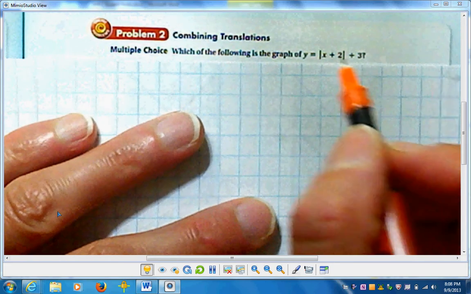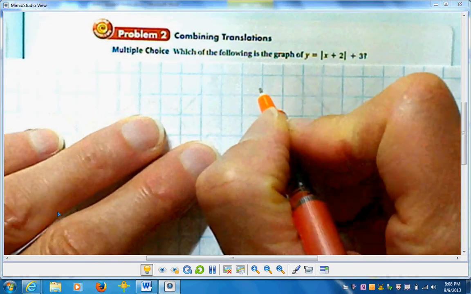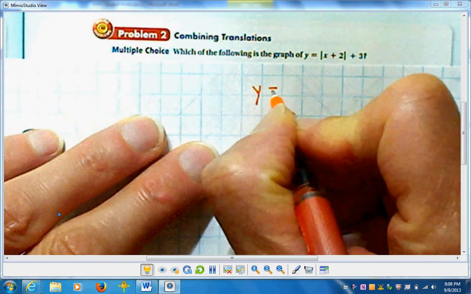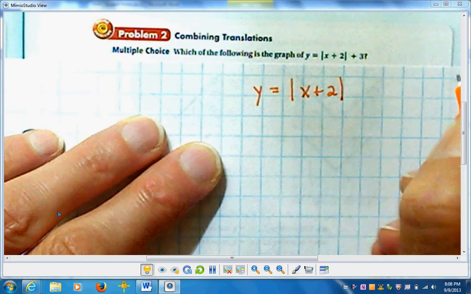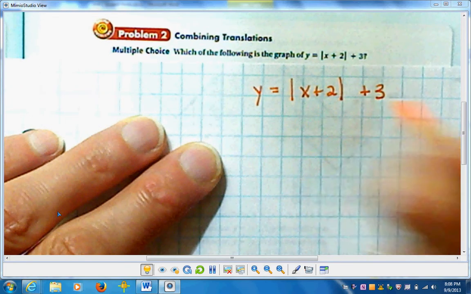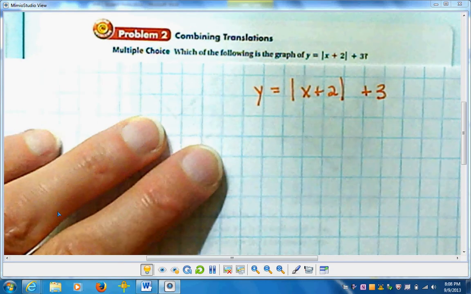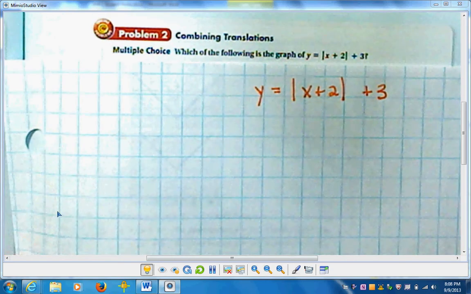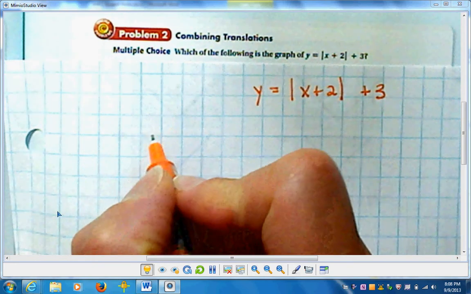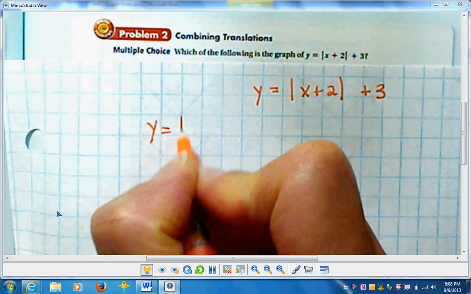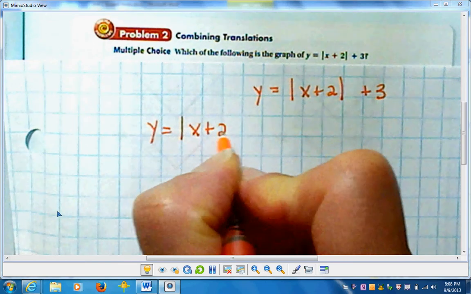So the whole function is y is equal to the absolute value of x plus 2, and then on the outside we have this plus 3 hanging on. Okay, so let's just break this into its parts. We've looked at this type of problem before where y is equal to the absolute value of x plus 2.